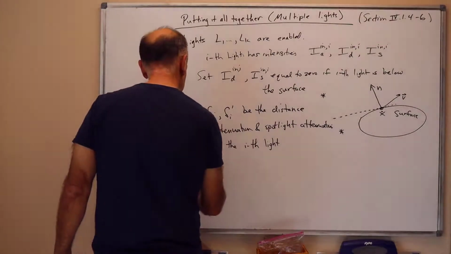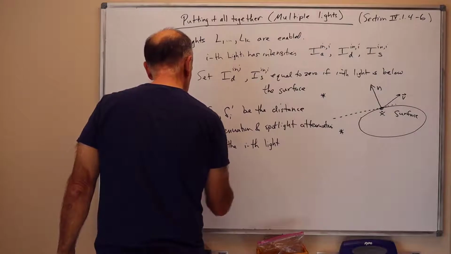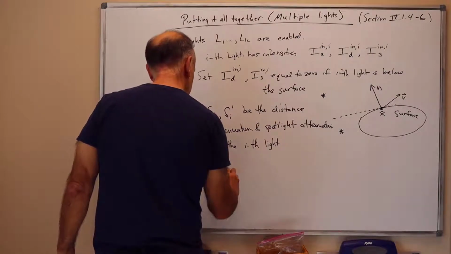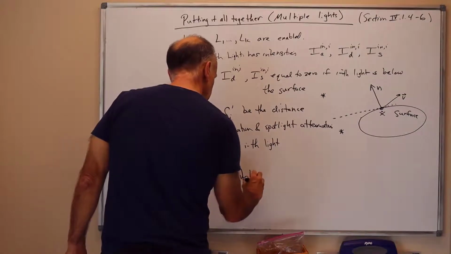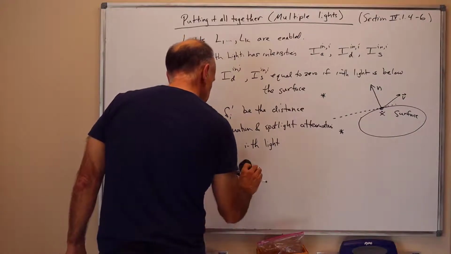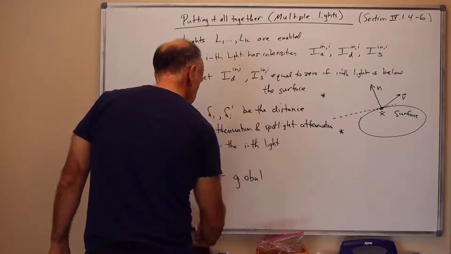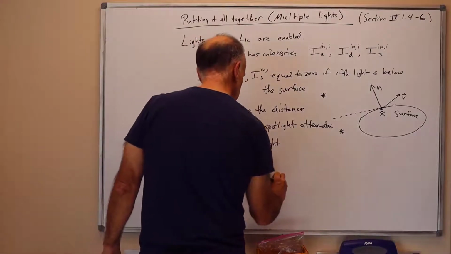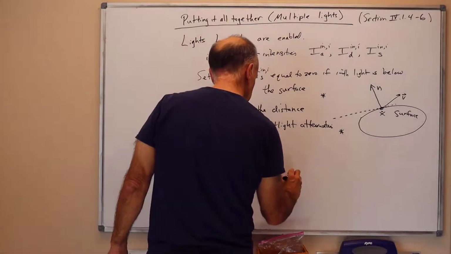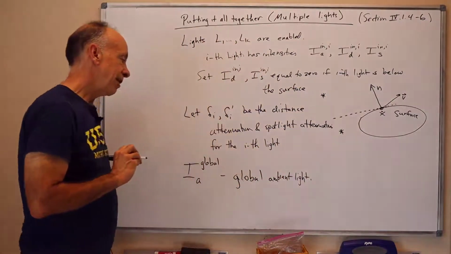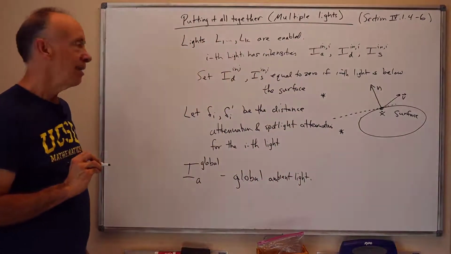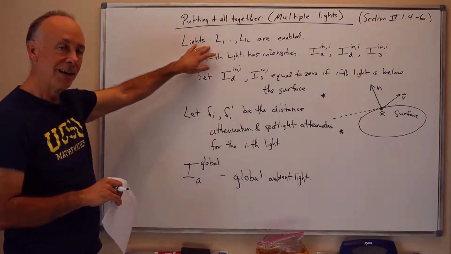Okay, and finally we have one more value here. We'll have a global ambient light, I_A^global. This is intended to be light that's turned on all the time, even if none of the lights are enabled.